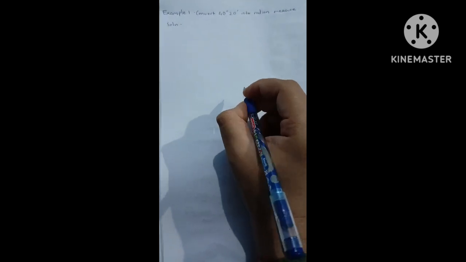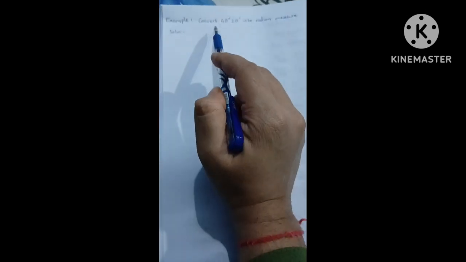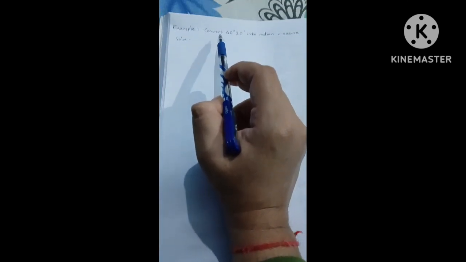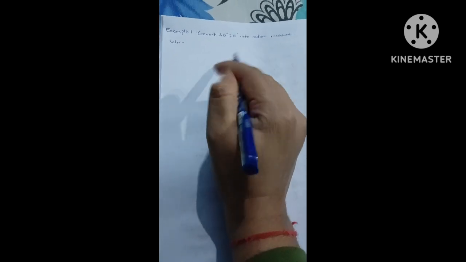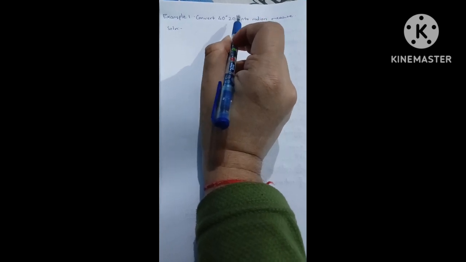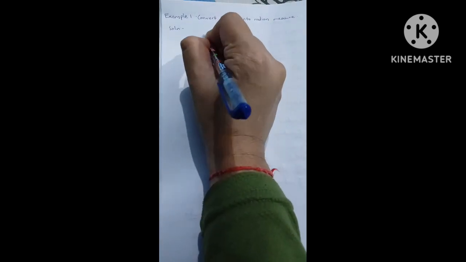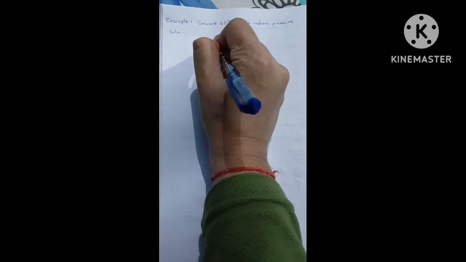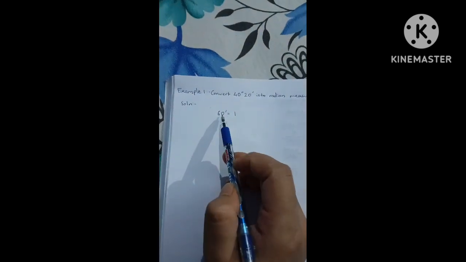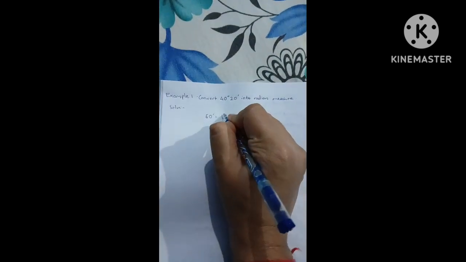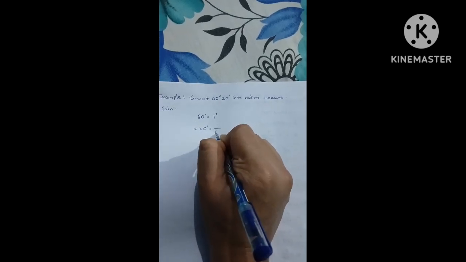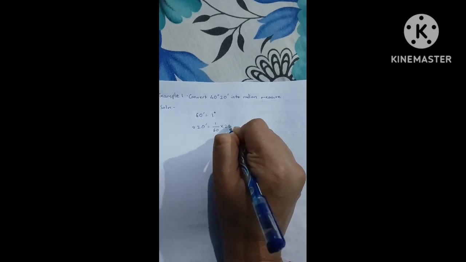Now let us try to solve some questions from NCERT. The first example is convert 40 degree and 20 minutes into radian measure. First we need to convert this 40 degree and 20 minutes into degree. So here we know that 60 minutes equals 1 degree, which means 20 minutes equals 1 upon 60 times 20 degree.